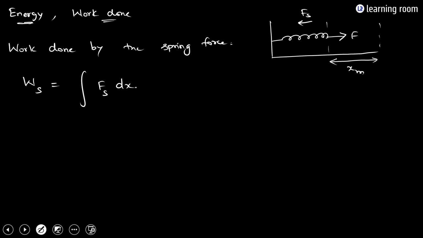This is how we calculate the work done for variable forces. But the question is, from where to where is it extending? When it was at natural length, the extension in the spring was 0, whereas when it went to the maximum value, it is xm. So from 0 to xm, this Fs can be written as minus k into x into dx. Correction.